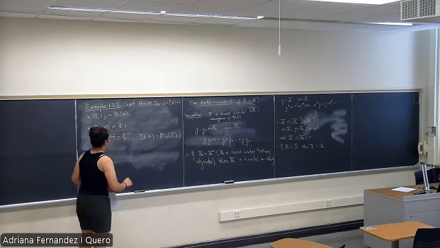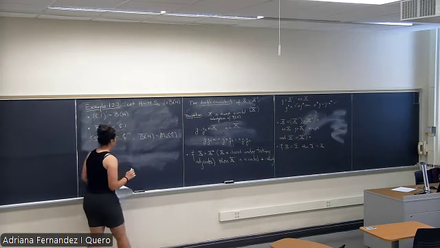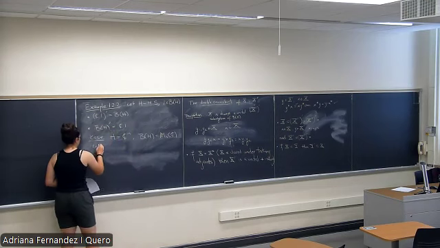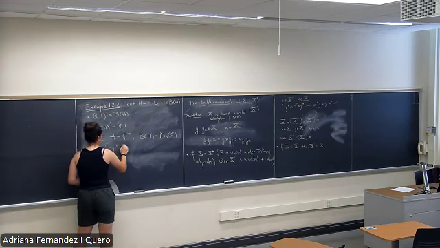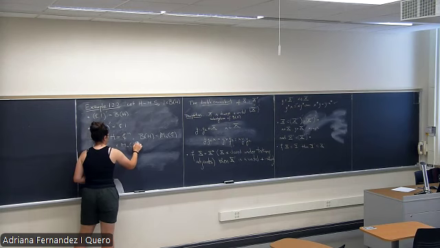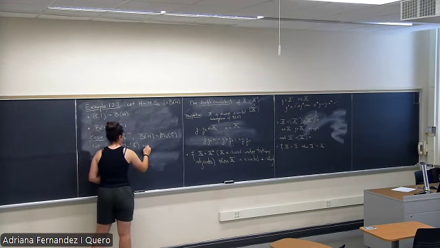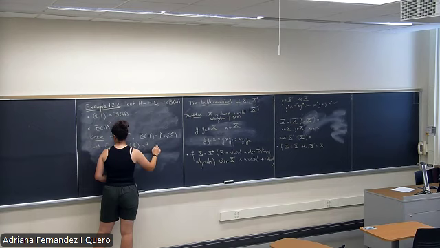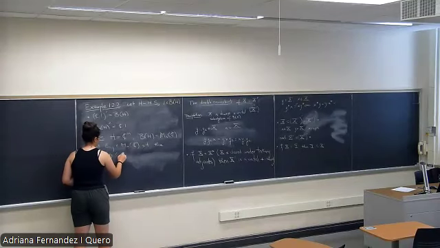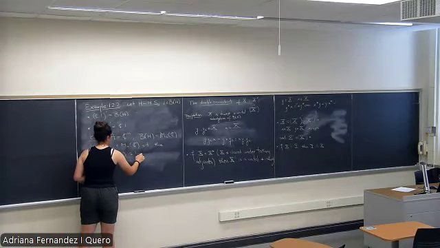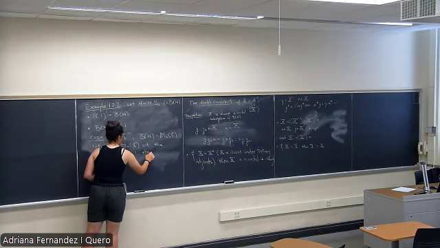Okay, I'm going to set some notation before I show you this. Let E_ij be the matrix such that the entry ij is 1, and everywhere else is 0.